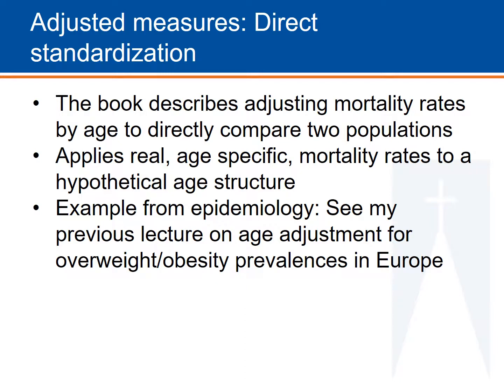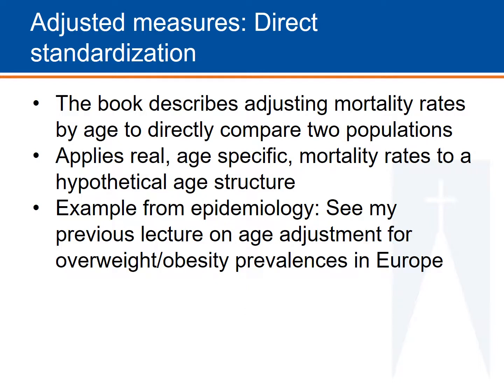The book describes adjusting mortality rates by age. These are used to directly compare 2 populations. Just as in the example I gave for the age adjustment process for obesity prevalences, the process applies real age-specific rates, so mortality rates in the book, obesity rates given in the example from epidemiology, to a hypothetical age structure.